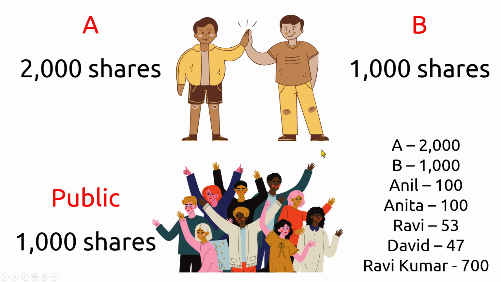For example, A has 2,000 shares, B has 1,000 shares, and among the public, Anil has 100 shares, Anita has 100 shares, Ravi has 53 shares, David has 47 shares, Ravi Kumar has 700 shares.